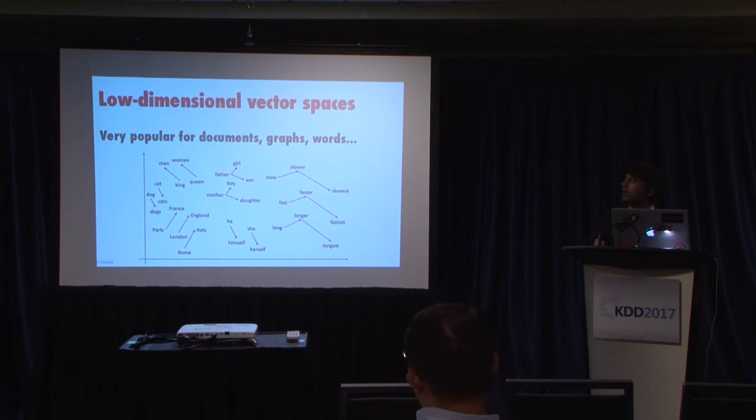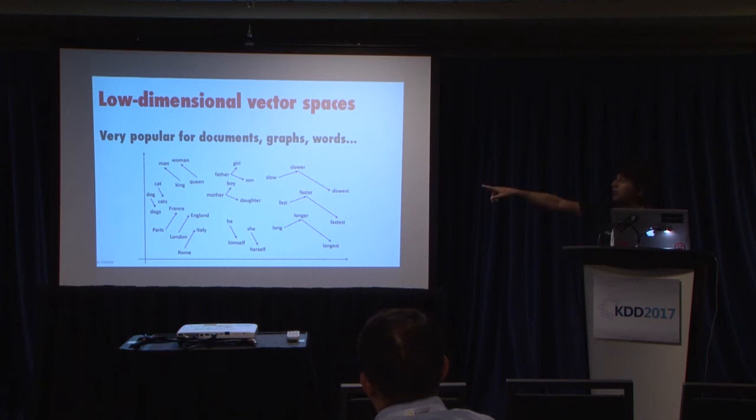So the idea is, again, exploiting the low-dimensional vector space. We've seen this for word2vec, obviously, which has become famous. A lot of people have heard of word2vec. The idea is that the words are embedded in a low-dimensional vector space. In this case, it's only two-dimensional. And you have these very nice semantics that are captured by these spaces.